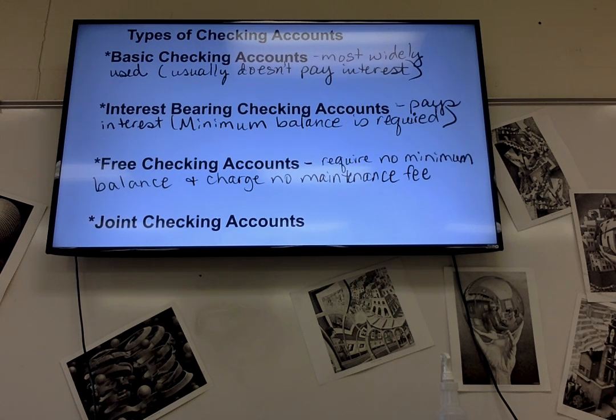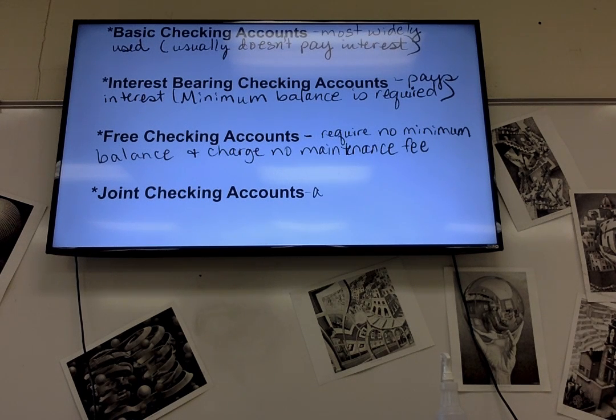Both people can make deposits, make withdrawals, write checks. It can be more than two people. A joint checking account just has to be more than one person. So if you had a business and you needed somebody else to do it as well, then you could have a third person on there.